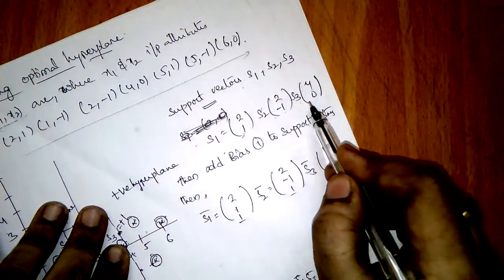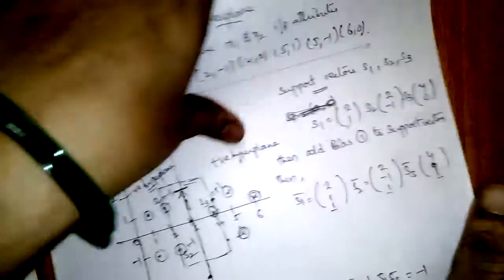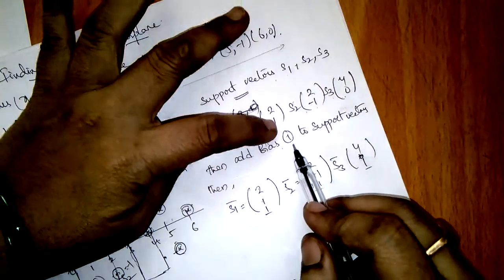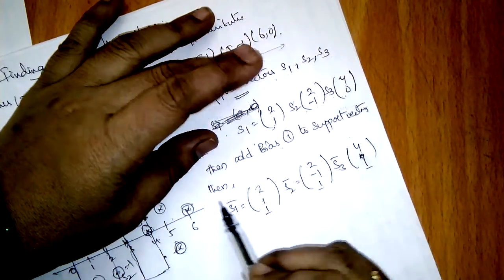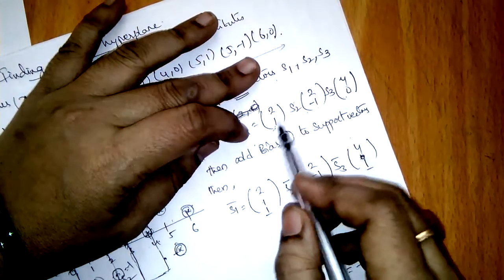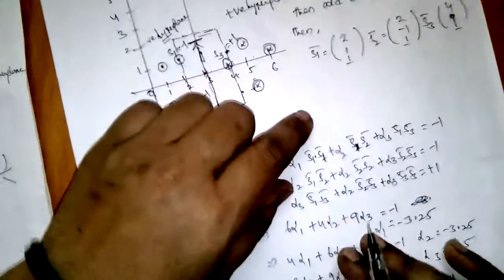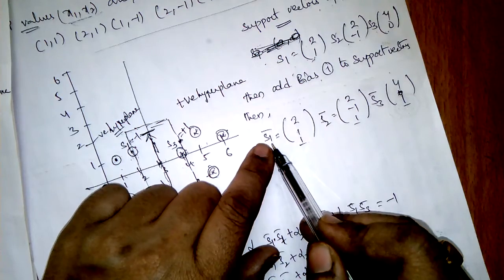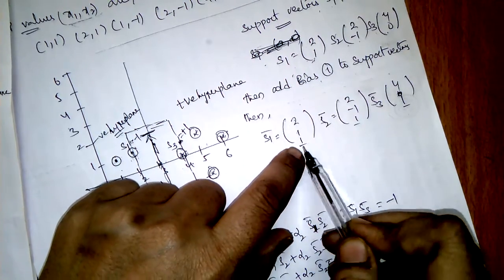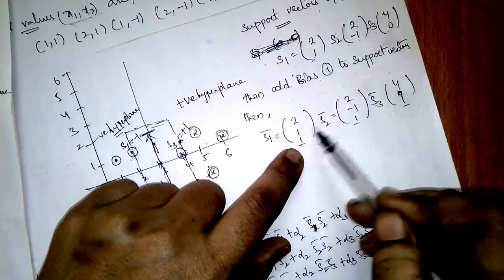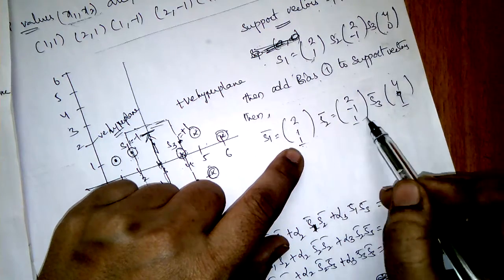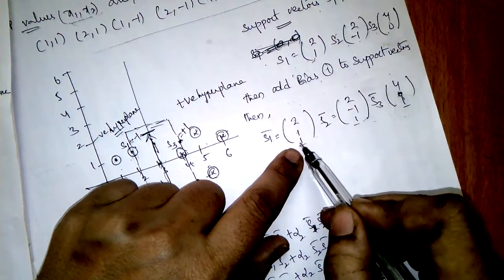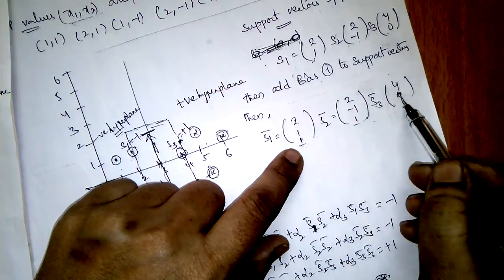Then we add a constant bias value to the support vectors s1, s2 and s3. So s1 becomes 2, 1, 1. This is the matrix representation. For s1, s2, s3 I add the constant value 1.